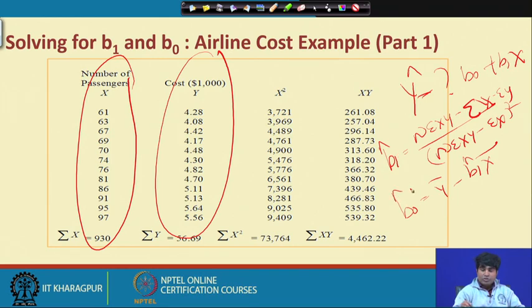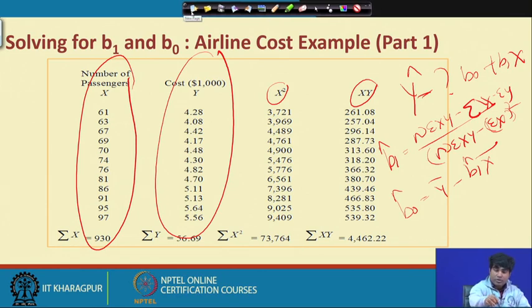These are all estimated, which technically means covariance of x by variance of x. For that you need x squared and then xy. After knowing this, you can automatically get the values. So this will be the structuring.